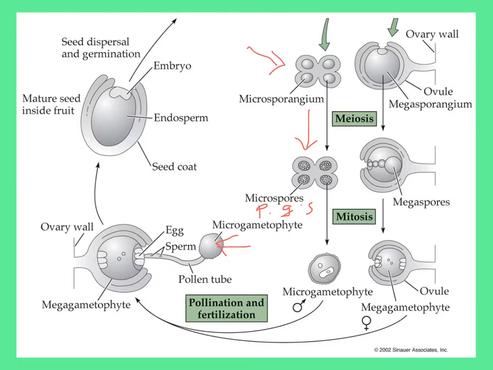So this is what participates. Oh, I forgot to say, this is the pollen grain. That's the pollen grain that's germinating here. So here we have female and male coming together for fertilization. And then this fertilized ovule becomes the seed.